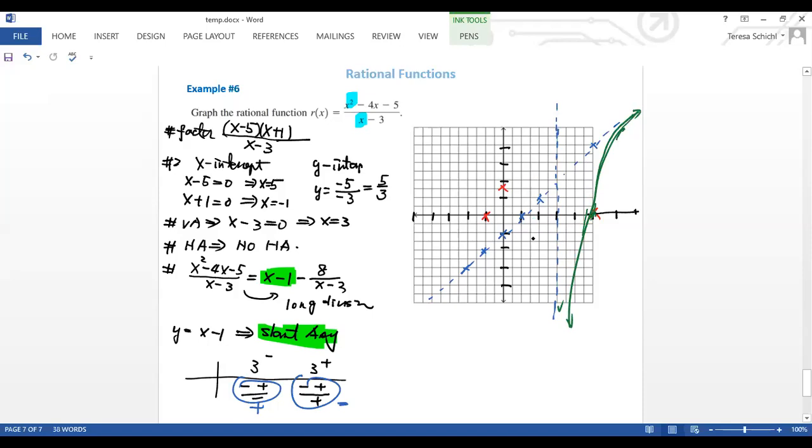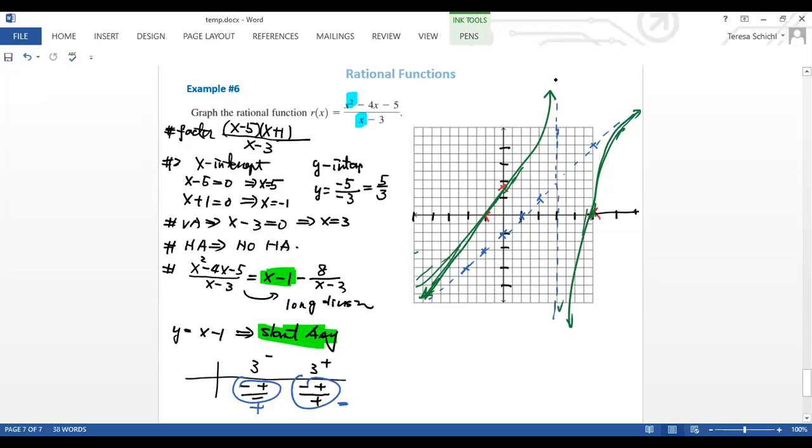Then if I approach from the left-hand side, it will go to positive infinity. So I need to pass through these two points also, right? So I'm going to have something go like this. So this end is going to go to this slant, and this end to this vertical.